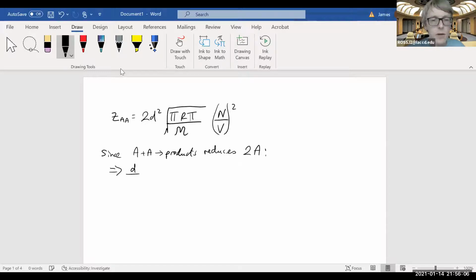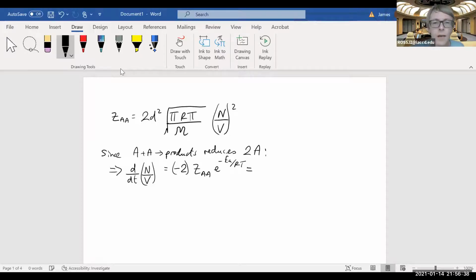So we said the rate of change in N over V is -2 Z_AA e to the minus E_A over RT.